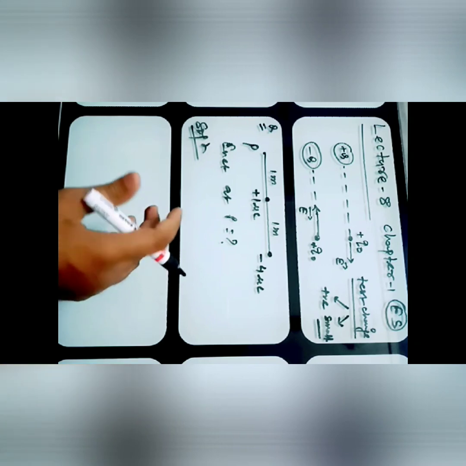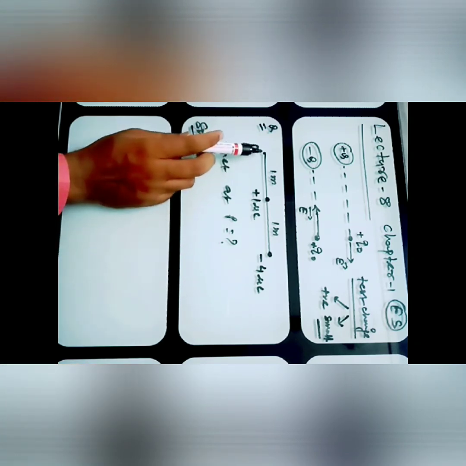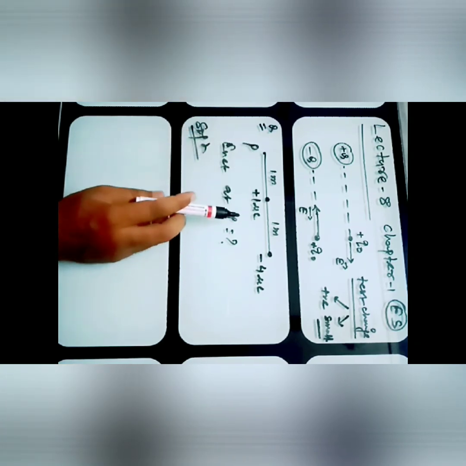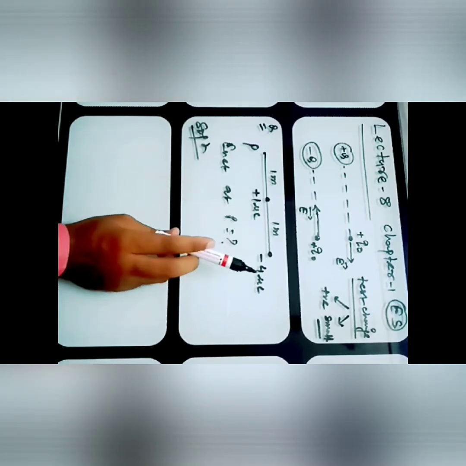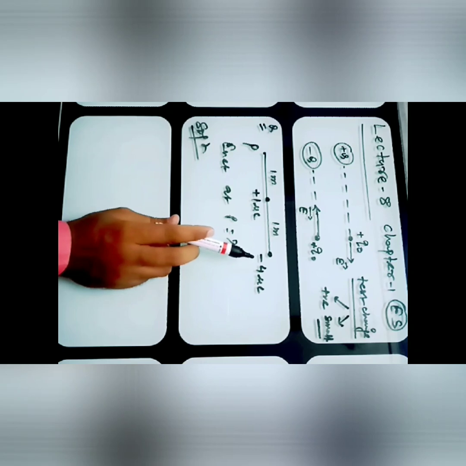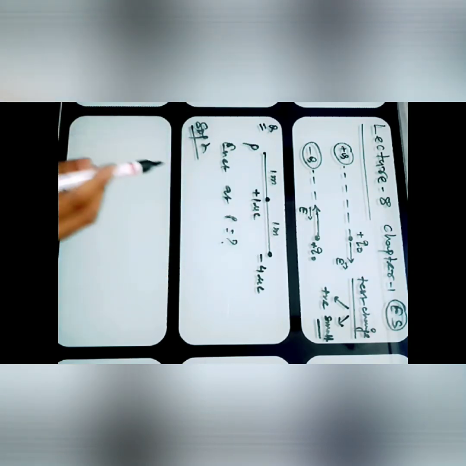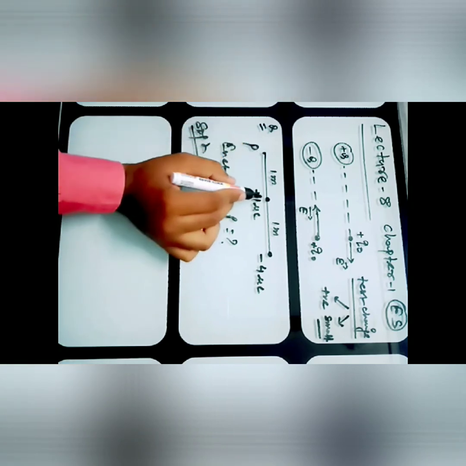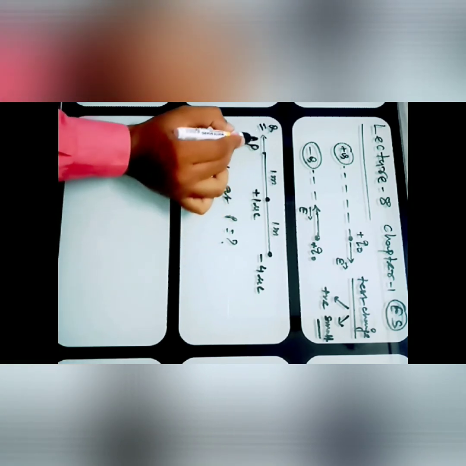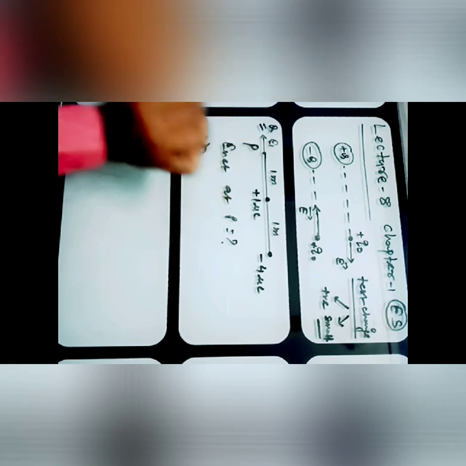I am giving you a hint here. At point P there will be two fields, one due to this positive charge and another due to this negative charge. You can find the direction easily and apply the formula. You will get the answer. Now the solution. At point P, due to this positive charge, the field will be in this direction. Suppose it is E1.